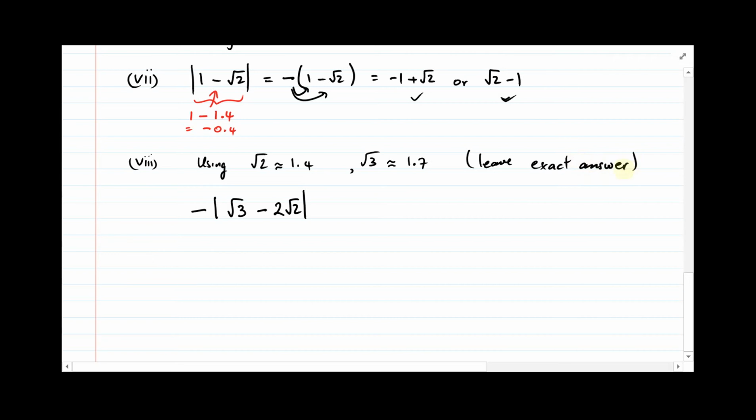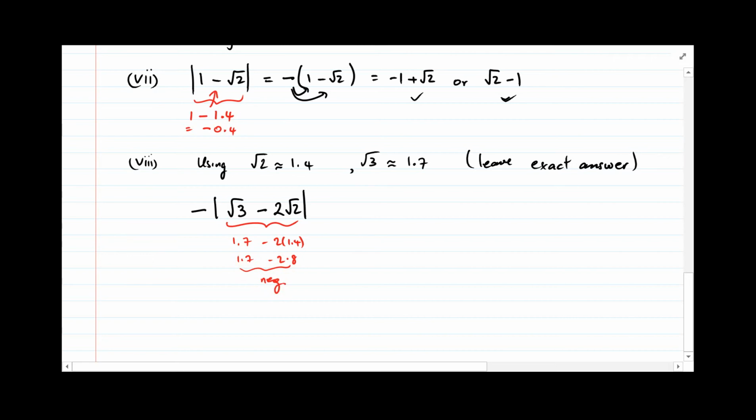So no rounding off. The decimals there, the approximations, were just to give you an idea of what I would end up with in here. So I would have 1.7 and 2 times 1.4, 1.7 minus 2.8. This result will be negative.